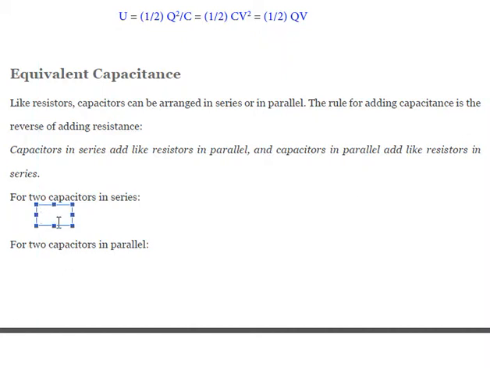If we have 2 capacitors in series, so run one right after each other in a line, then our equivalent capacitance is going to be how we do the inverses for resistors. So 1 over our equivalent capacitance is going to be equal to 1 over capacitor 1 plus 1 over the capacitance of capacitor 2, so on and so forth until you get all the way up to your nth capacitor.